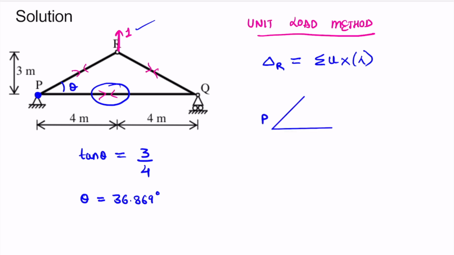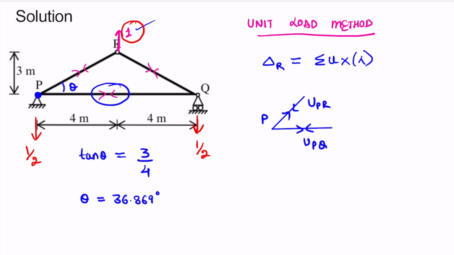Now if we analyze this joint P here, this force, let's say it is UPR. This force here will be UPQ. Also, since we have applied this unit load 1 here, the reactions will be downward in both P and Q, and magnitude will be 1 by 2 because it is a symmetric case.